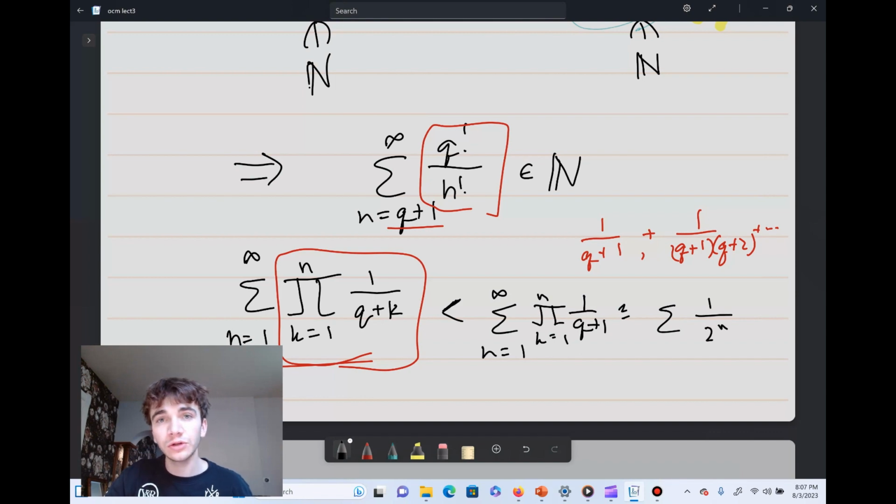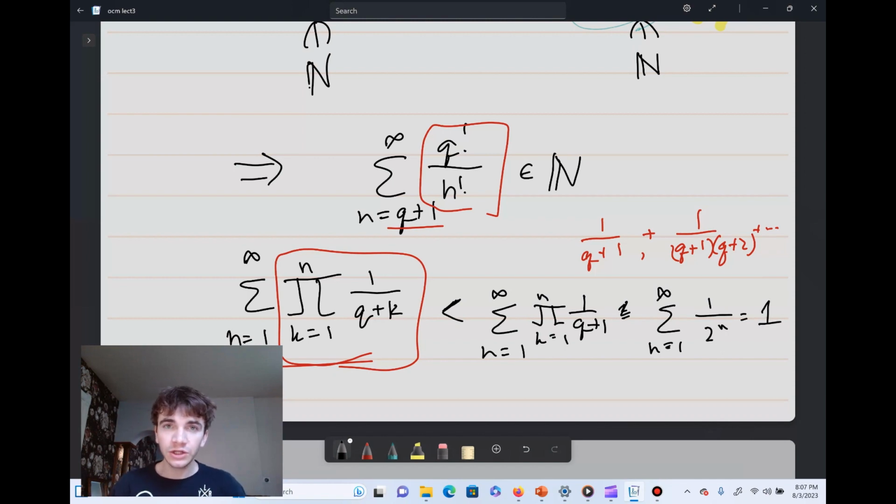Because q we already assumed was a natural number, so it has to be at least 1, and so all of these 1 over q plus 1s have to be at most 1/2, and so we can bound this above by 1 over 2 to the n, where n runs from 1 to infinity, and now this series is just a geometric series that sums to 1, okay?